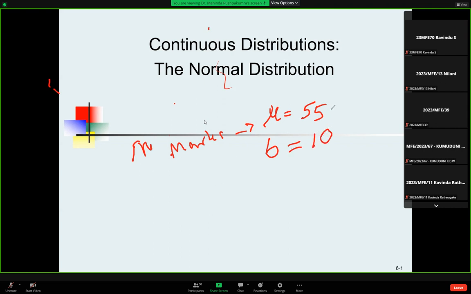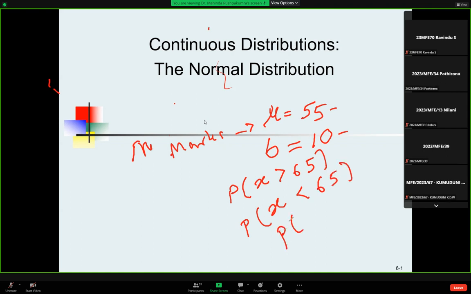Now, based on these two pieces of information, you can calculate the probability that if you select a student, he has marks, let's say, greater than 65, or maybe less than 65.